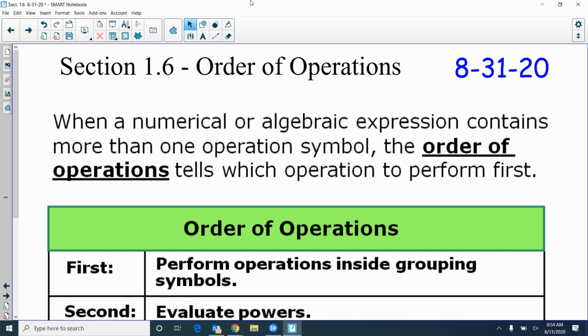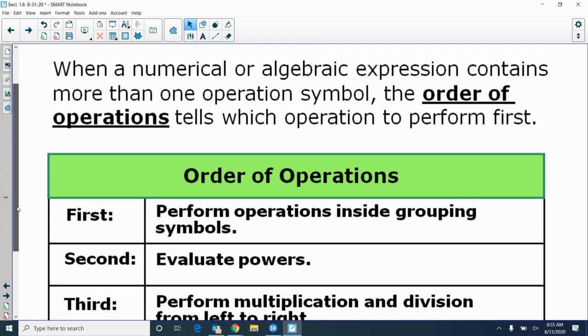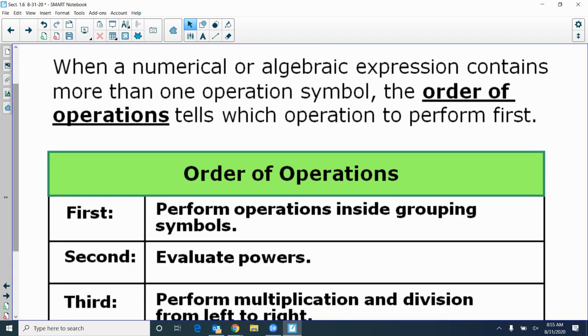So when we talk about operations, we're basically talking about addition, subtraction, multiplication, division. The first things on here are grouping symbols. So the first thing we always do is look for those grouping symbols, which are typically 9 times out of 10 going to be parentheses.